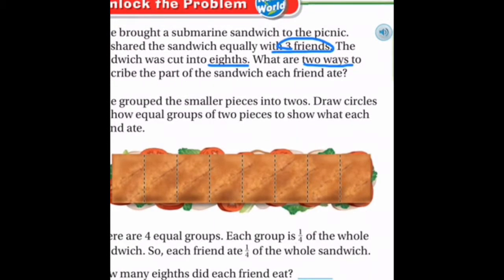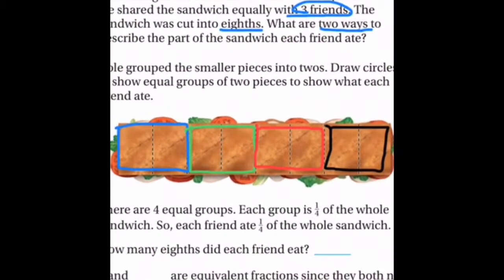Alright, so putting the smaller pieces into groups of 2, we'll have a group of 2 here, and then a group of 2 here, a group of 2 here, and finally a group of 2 here. Now if you look at my picture, I used 4 different colors just so it's easier to look at.